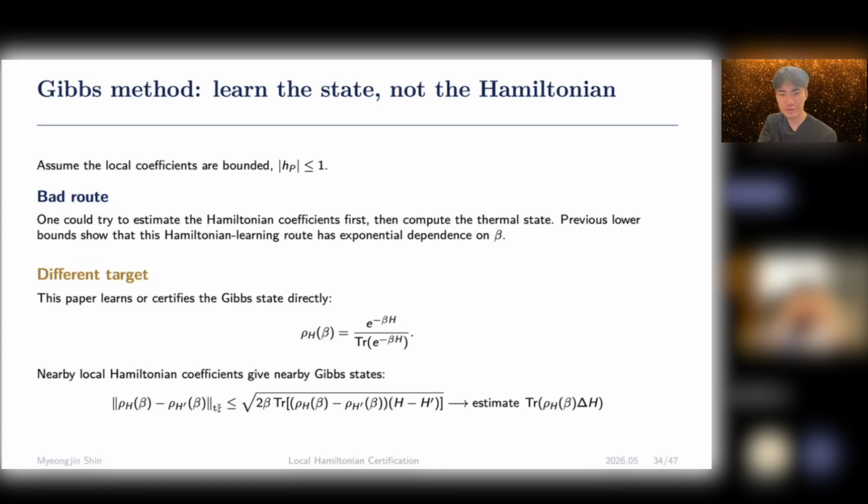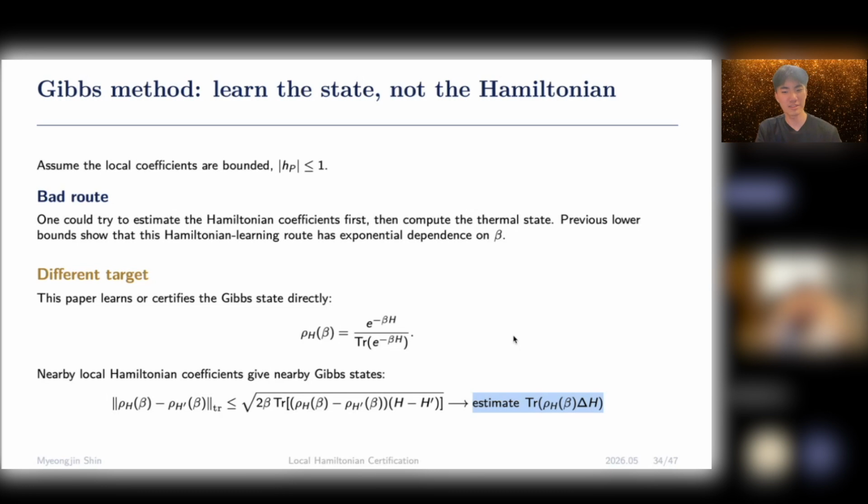In order to bound this trace norm, we can just bound this formula, which can be obtained by estimating the trace of the Gibbs state multiplied by the delta H. So we're going to do it.